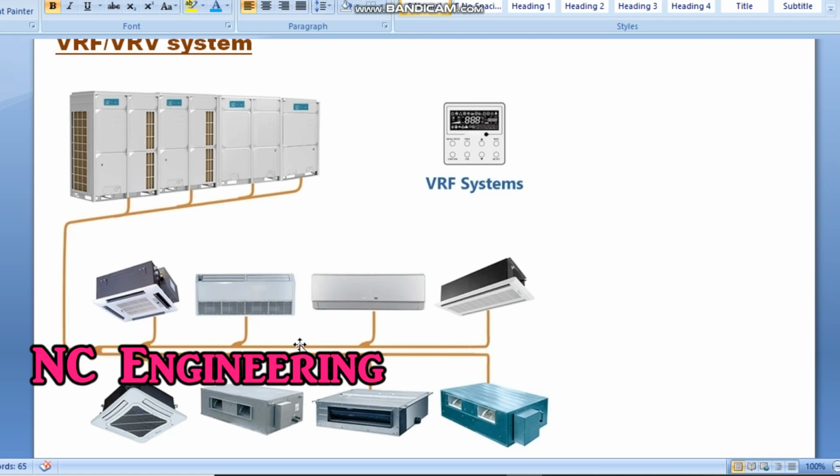So as we have seen, the window AC is for very small and economical purposes. The split AC is for medium range and VIP purposes, and the package unit is for commercial and medium range purposes. VRV and VRF we can use for large scale.